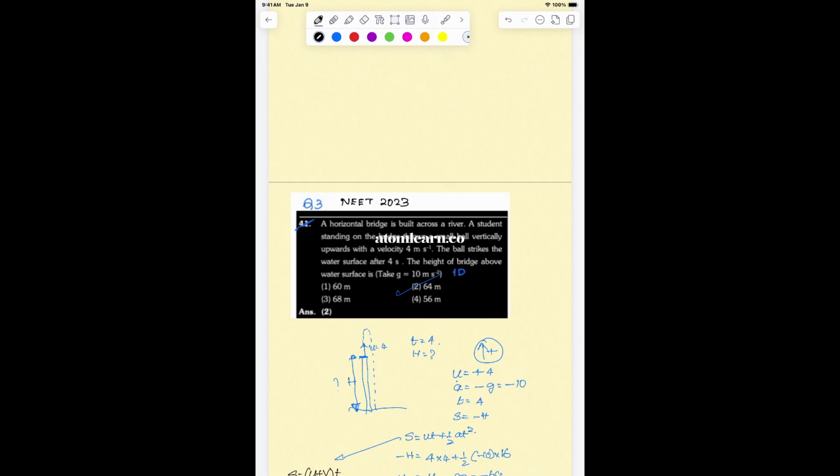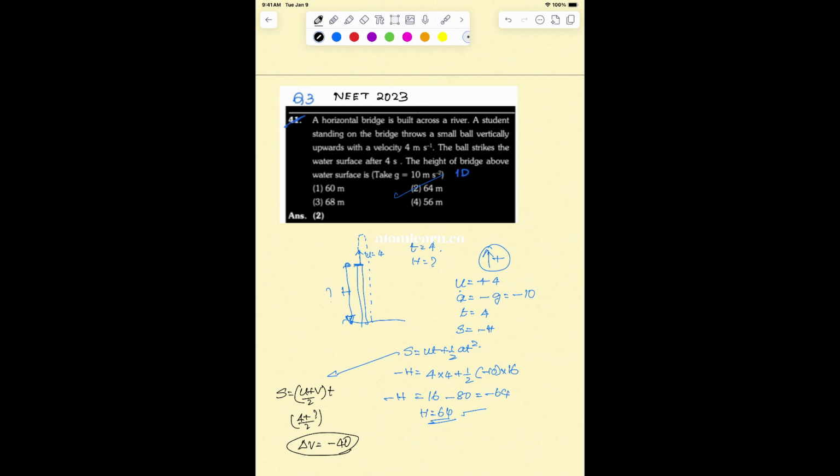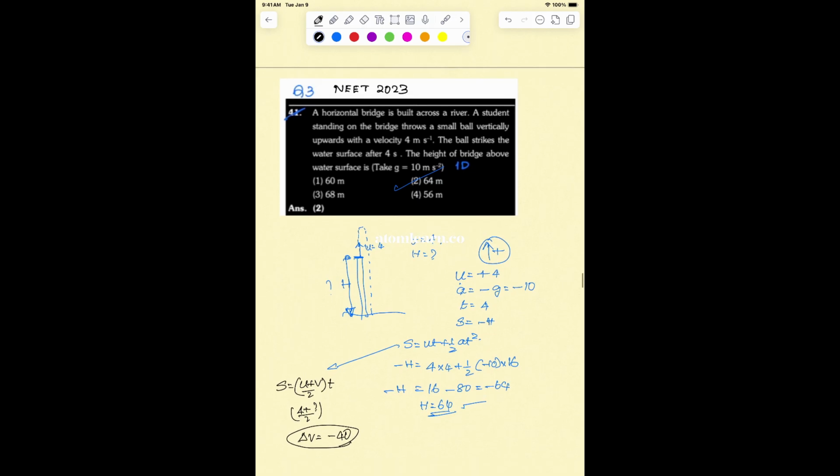Average velocity into time, and time again is 4. Therefore, minus 16 into 4 is minus 64. Minus 64 is the displacement, which is nothing but the height h downward.